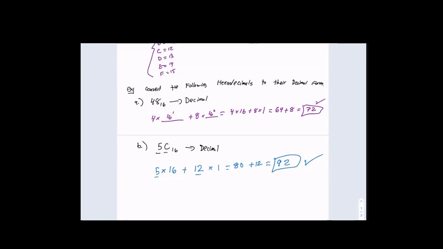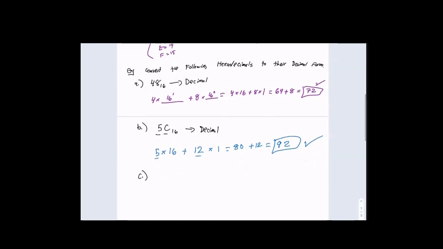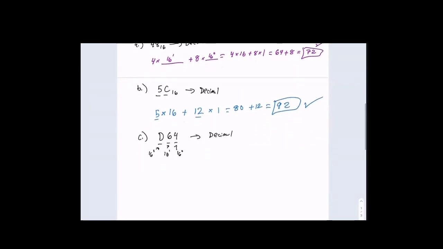All right, let's go to 3 digits. So let's go to the one that Leon keeps trying to say. So he kept saying D64, right? And we consider this to be 3 digits. We want to convert this to decimal. So remember, this is 16 to the 0, 16 to the 1, and 16 squared. So in this case, we're not going to multiply the first number by 16.